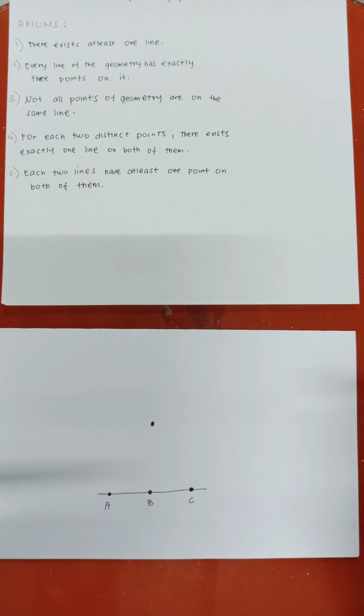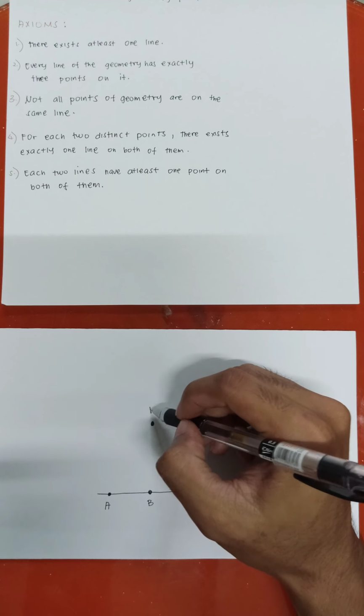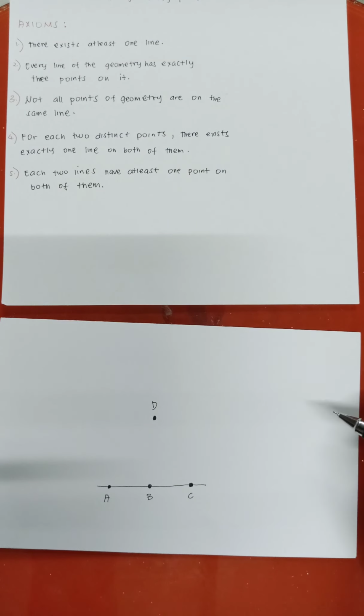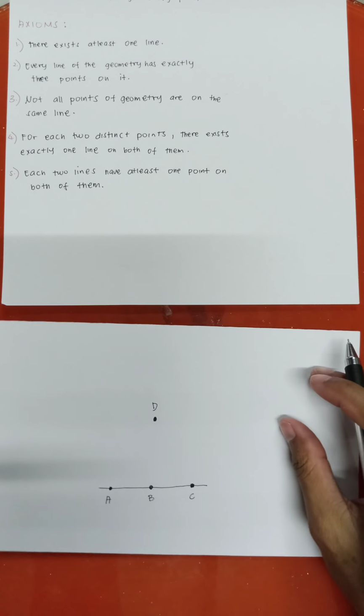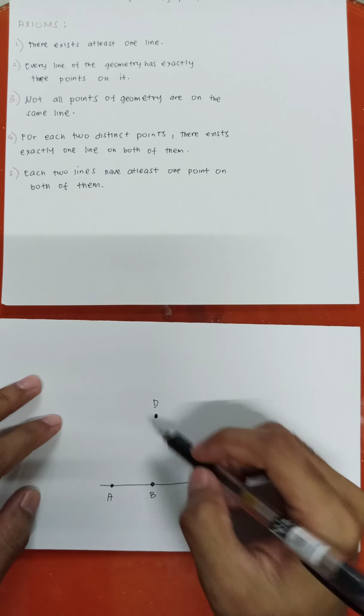We label it as D. In axiom 4, for each two distinct points, there exists exactly one line on both of them. So for every 2 points, there must be one line. So we draw one line.